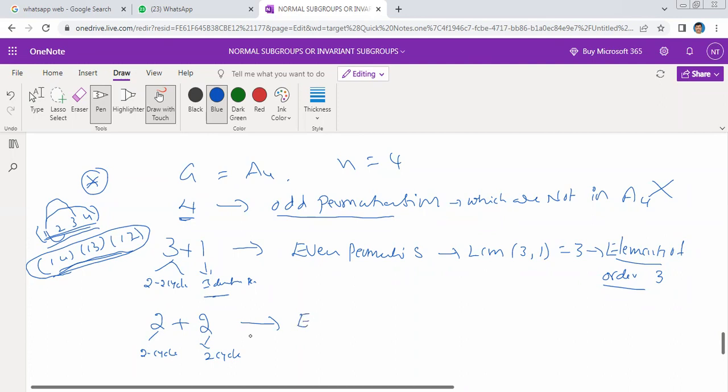Two means an even number of 2-cycles, so it is an even permutation. So the LCM of 2, 2 gives 2. So elements of order 2 are also possible.